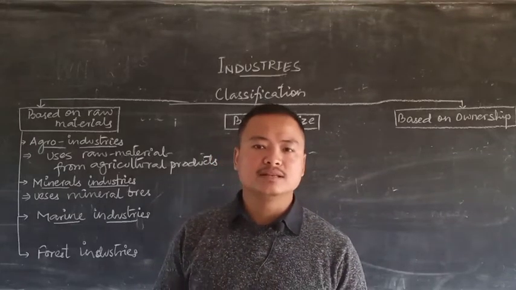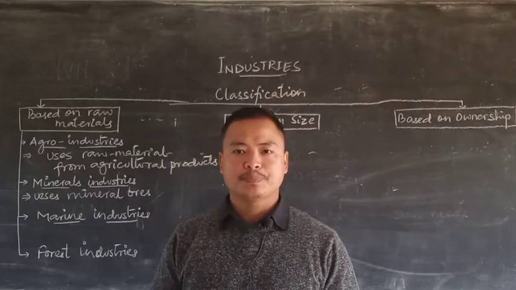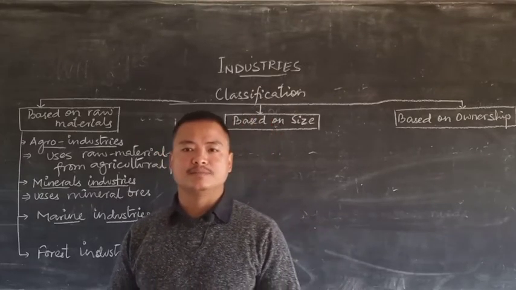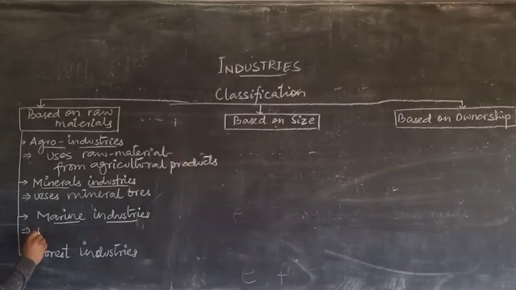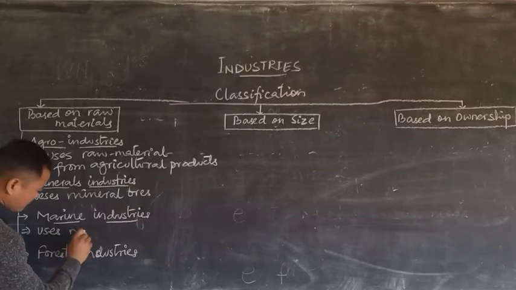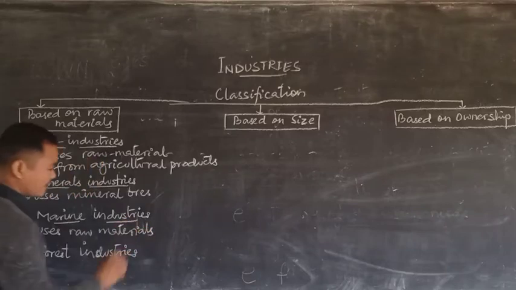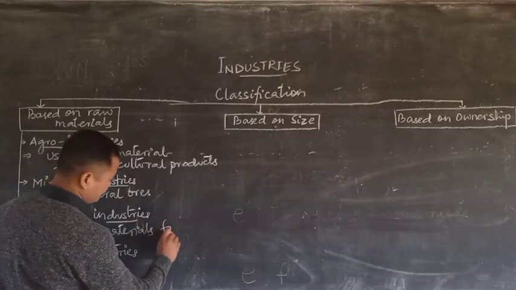Mostly the fish industries fall under this category, because fish are extracted from the ocean waters. So we can state that marine industries are the industries that use raw materials from seas and oceans.